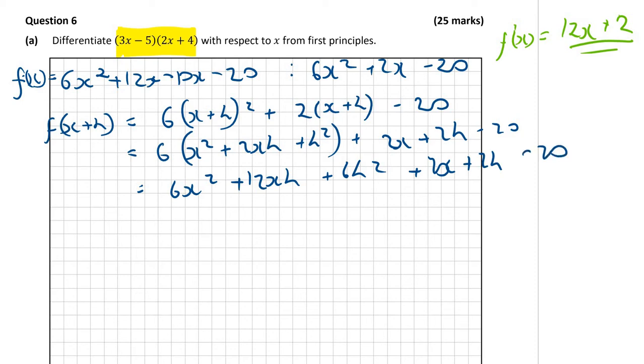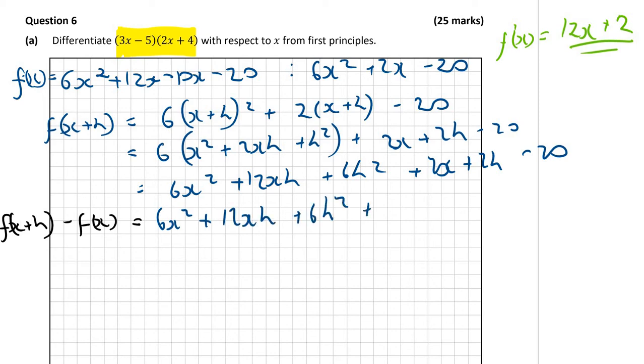And then the next step, we need to subtract f of x from f of x plus h. So in this next step, we're going to have f of x plus h, and we're going to subtract f of x from it. So it's going to be 6x squared plus 12xh plus 6h squared plus 2x plus 2h minus 20. And we're going to subtract this from it, which is minus 6x squared plus 2x minus 20.